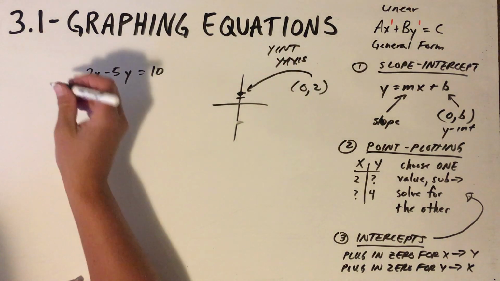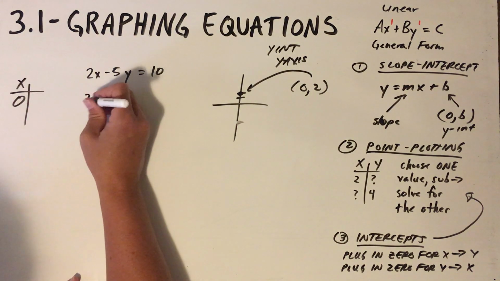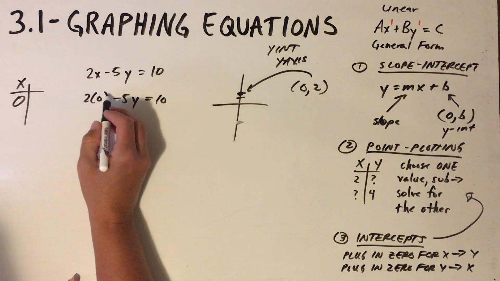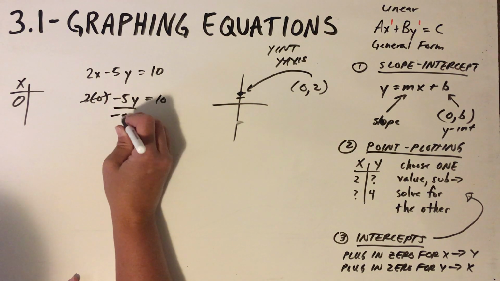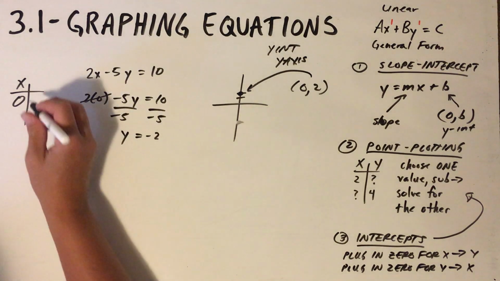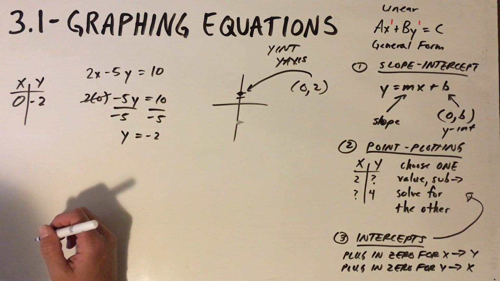Okay, so if I plug in 0 for x here, this is 0, and I divide by -5, then y is -2. Okay, so when x is 0, y is -2.